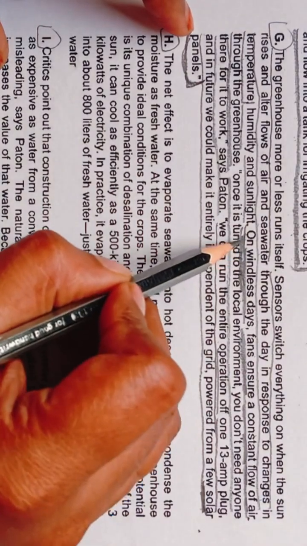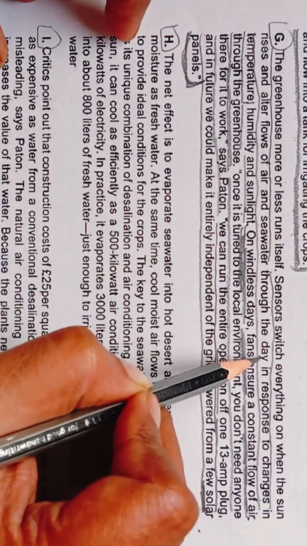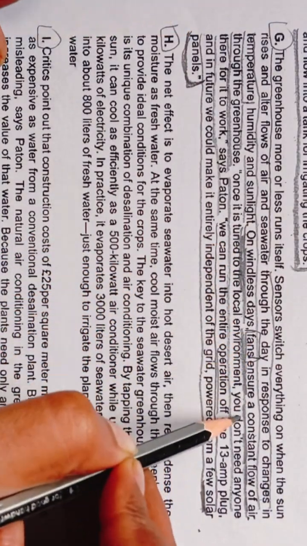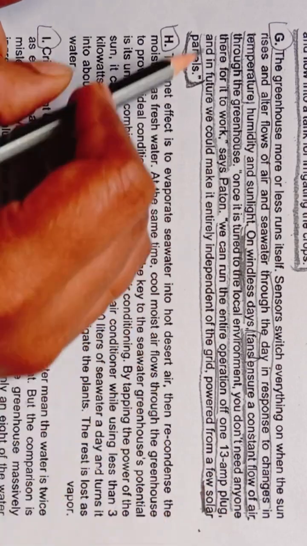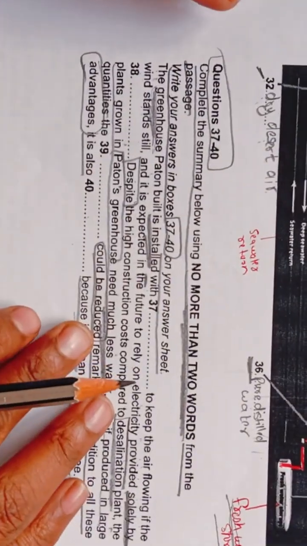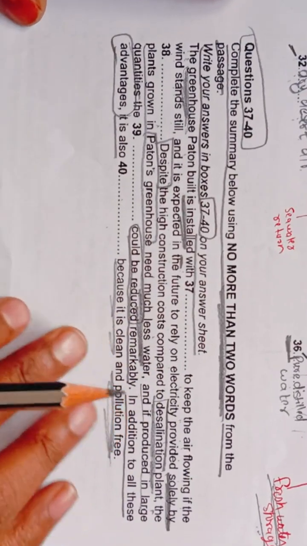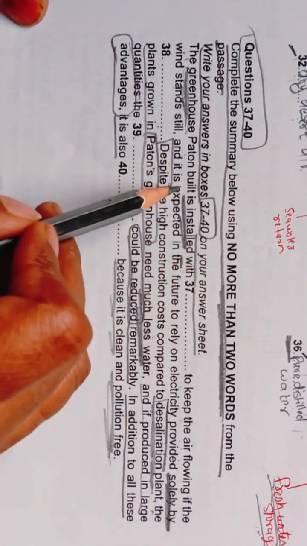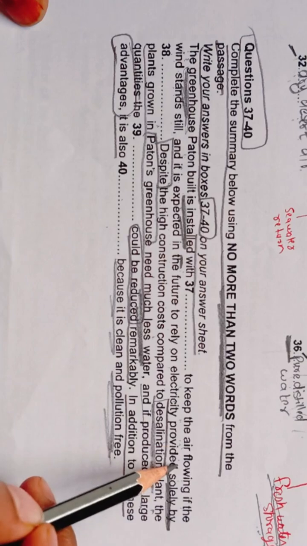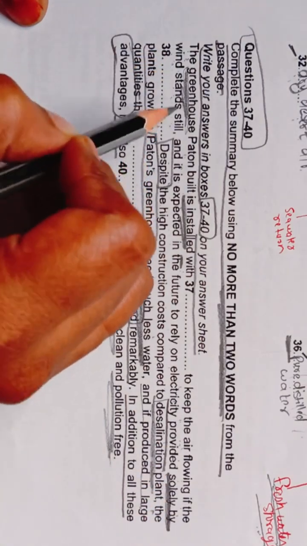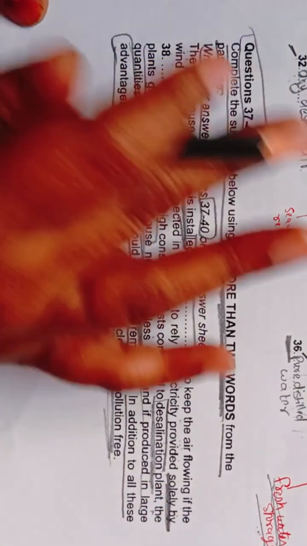So what they are saying, on windless days, fans, F-A-N-S, fans ensure a constant flow of air through the greenhouse. And what they are asking here in question, the greenhouse Pattern built is installed with dash to keep the air flowing if the wind stands still. Wind stands still means no wind.